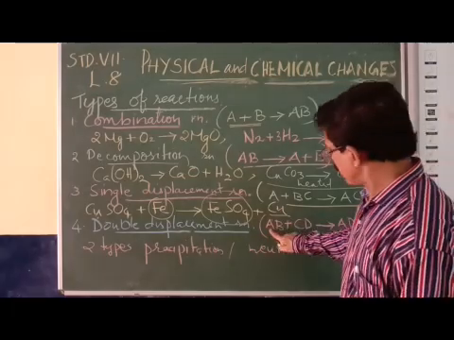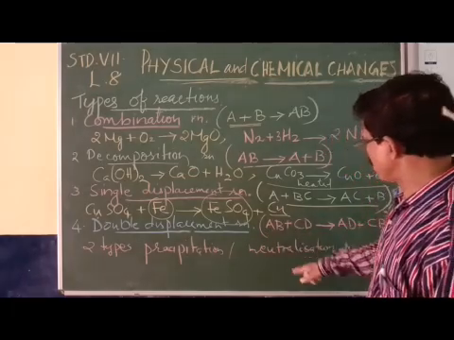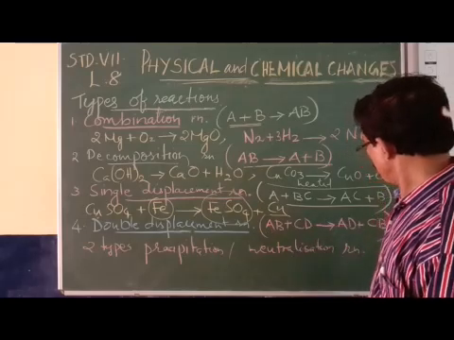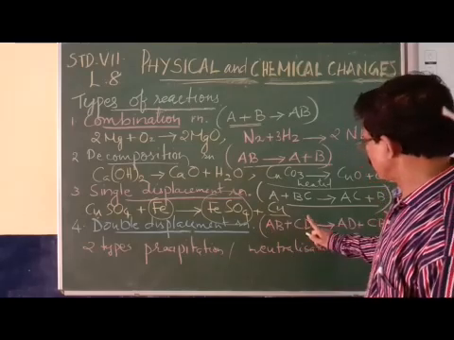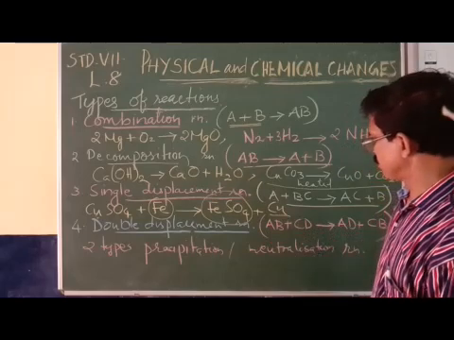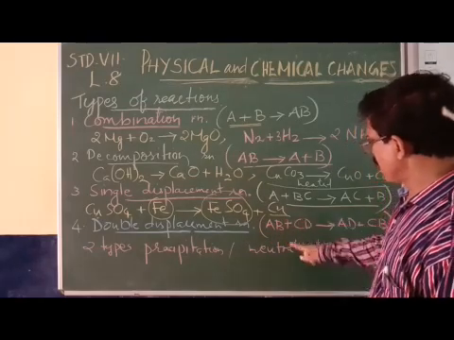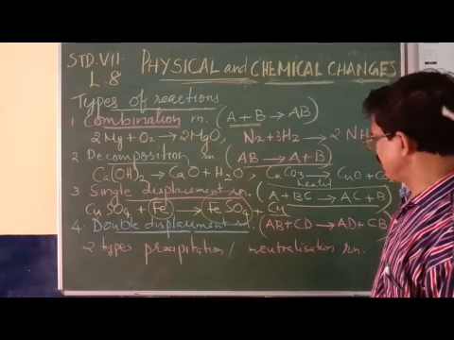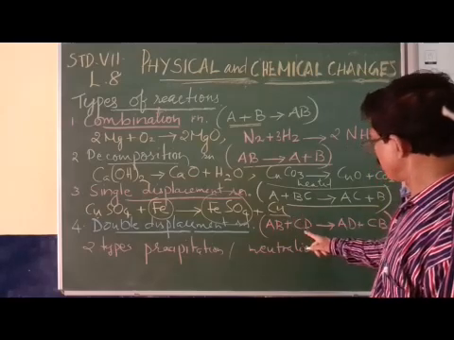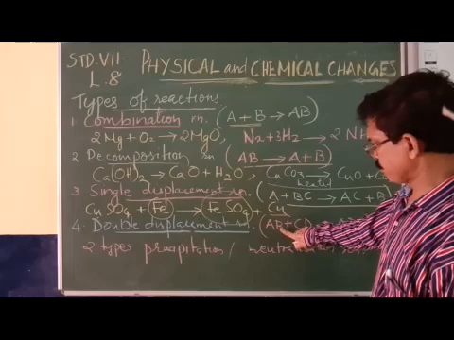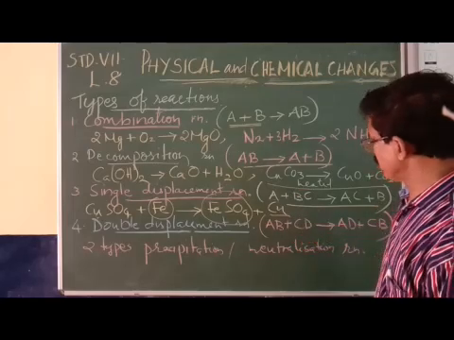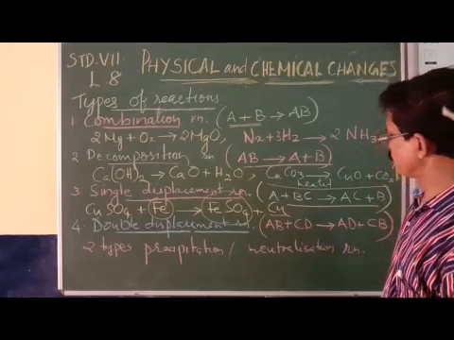The more reactive element here is A and the less reactive element is C. So A displaces C and combines with B, and then another element, B, combines with C.